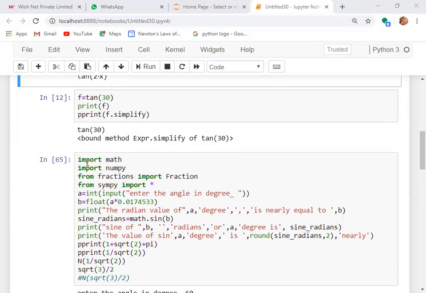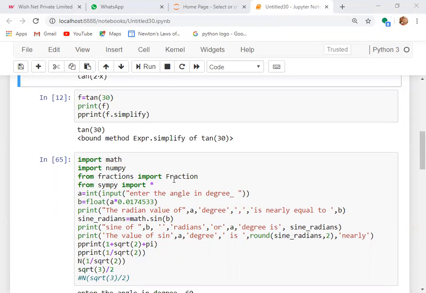So we have to import the math library. Whatever you want to use for this example, you have to write it in the form math dot, like that. So we are importing math, we are importing numpy, and also we are importing fractions.